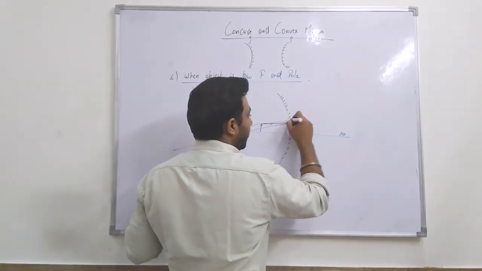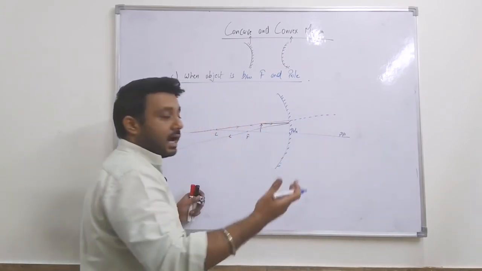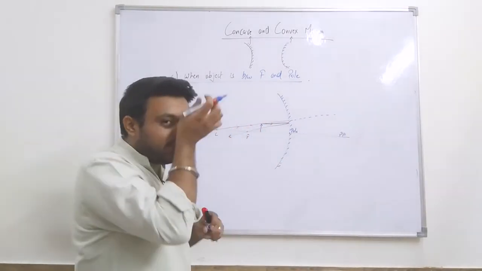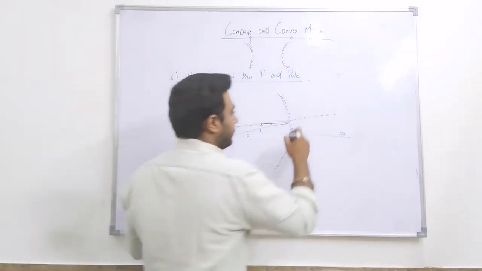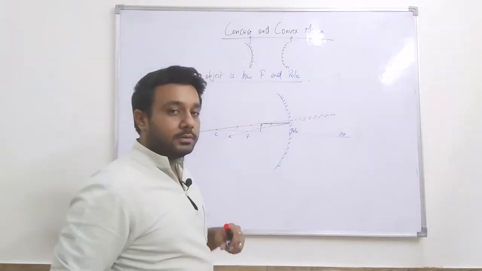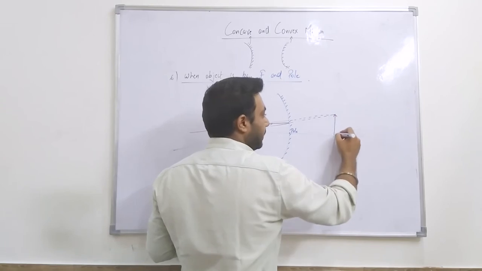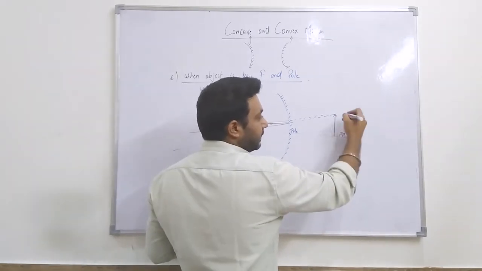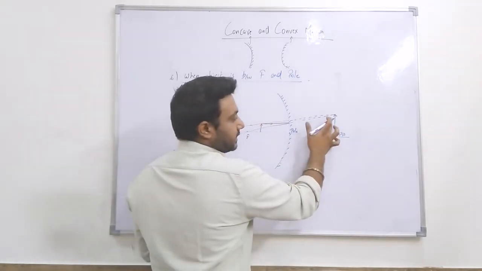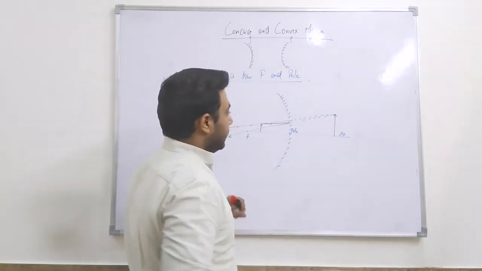Therefore, they will meet behind the mirror. And I told you, behind the mirror I will form virtual lines. So the image will be formed behind the mirror. And the head of the image is at the point where the rays intersect.